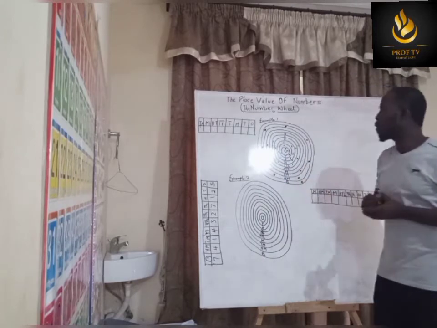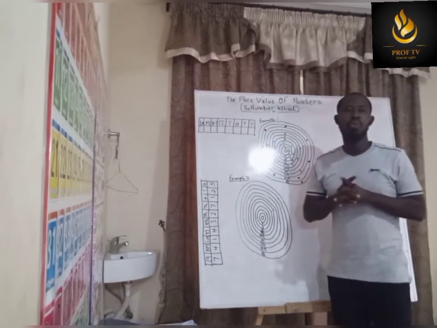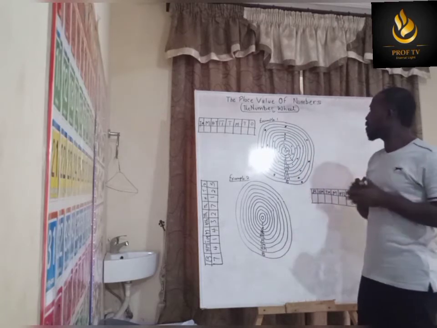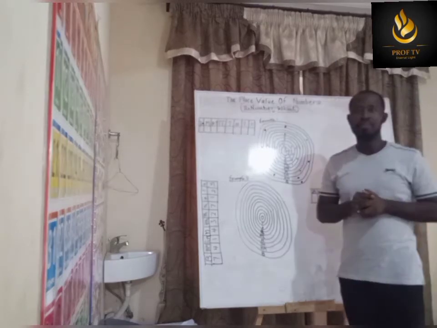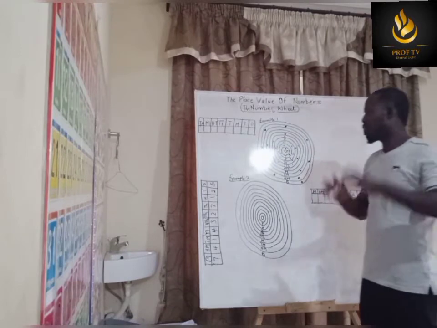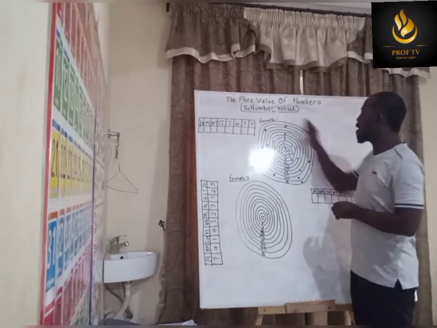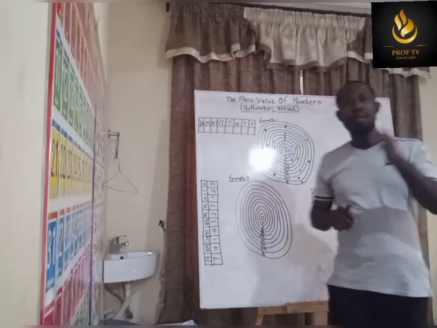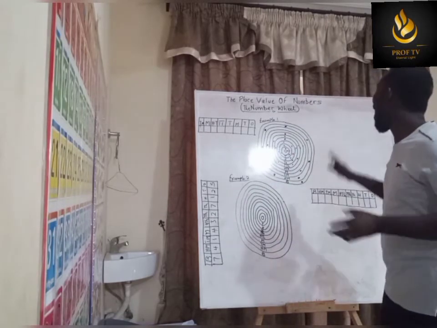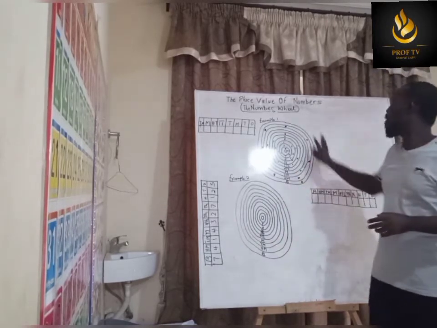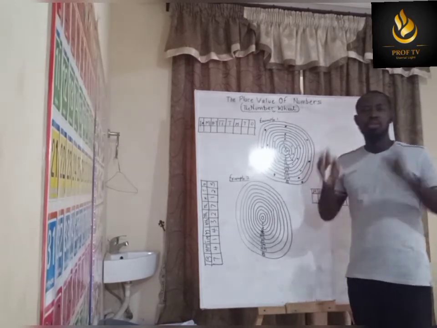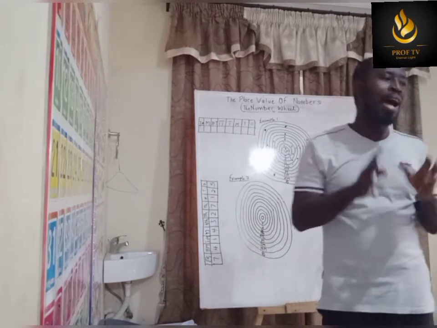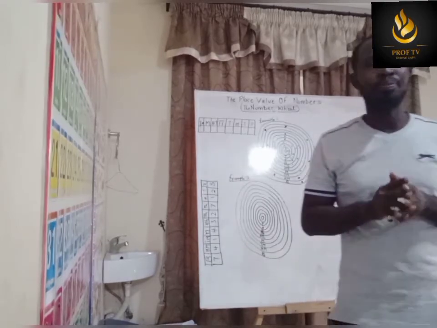Alright, so there are two possible ways by which questions can come from this direction. Two ways. First, you'll be given a number wheel, and then you'll be asked to find the values.